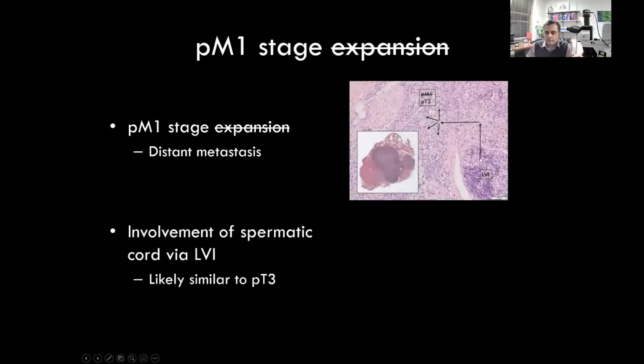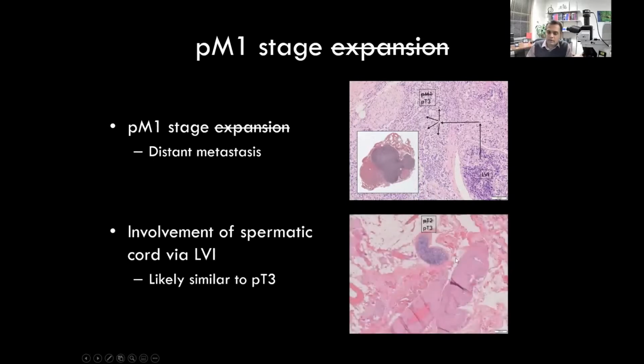So essentially, this tumor, which involves the spermatic cord by LVI and extends out into the soft tissue, should be a PT3. And the same would apply for this tumor, which has lymphovascular invasion, but is only confined to the vessel. So this tumor also behaves like a PT3 and not like a PT2. So this is the current, I wouldn't say recommendation because it's not official yet, but it might happen in the next edition.